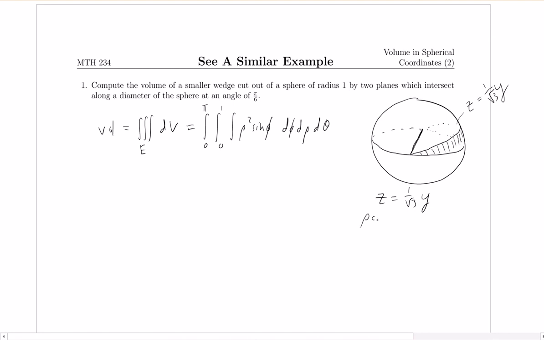and write it in spherical coordinates. So z is rho cosine phi, and y is rho sine phi sine theta. Again, what we want to do is solve this for phi in terms of theta. First notice we have rho on both sides, so we can cancel.